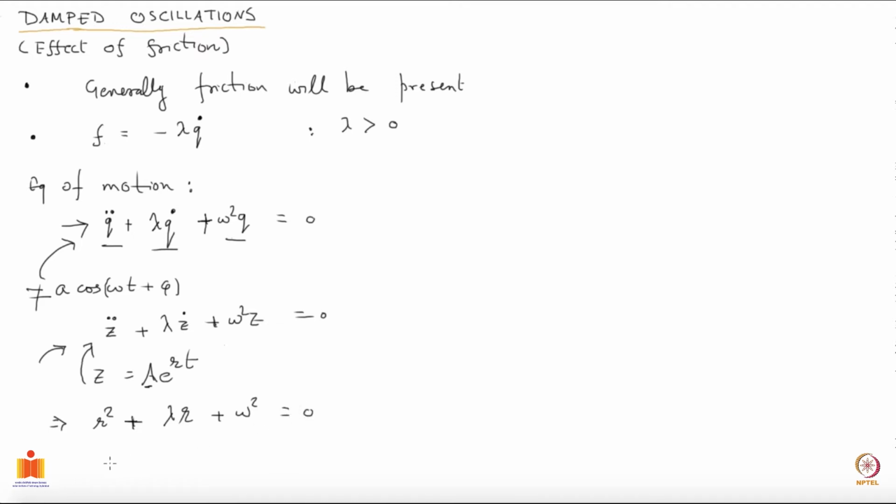And this is a quadratic equation which has two roots.